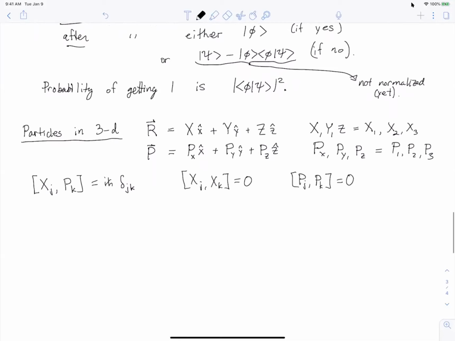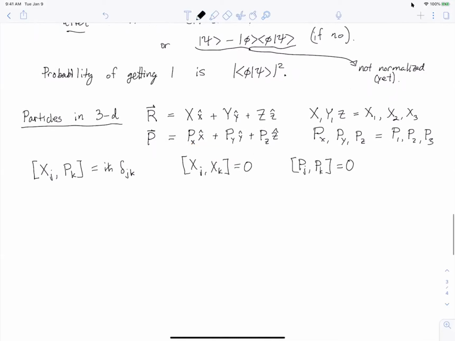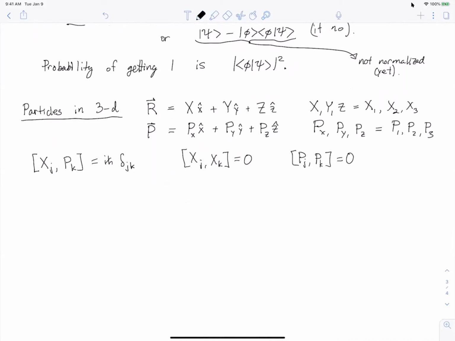Okay, and so since the x's commute here, that tells us that we can try to make them into a complete set of commuting observables, and in fact, that works. So the set x, y, z is a complete set of commuting observables, right?